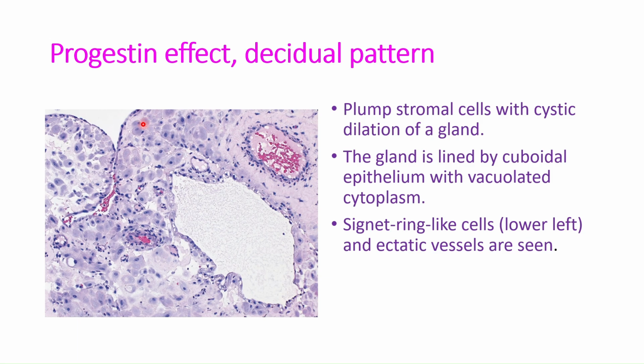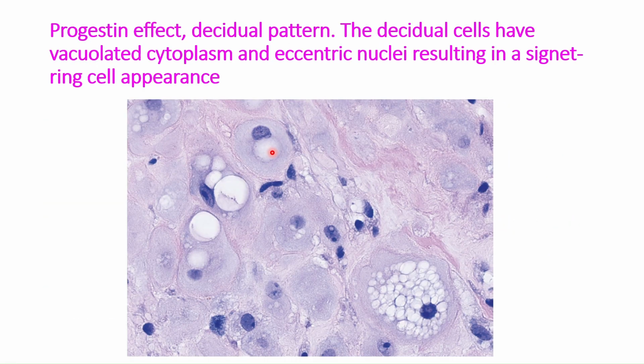High power view shows these decidualized cells with clear outline, abundant cytoplasm, and centrally placed oval nuclei. Here is a dilated gland with cuboidal epithelium showing vacuolization of the epithelium. And here we can appreciate some signet ring-like cells, and these are the ectatic or dilated vessels.